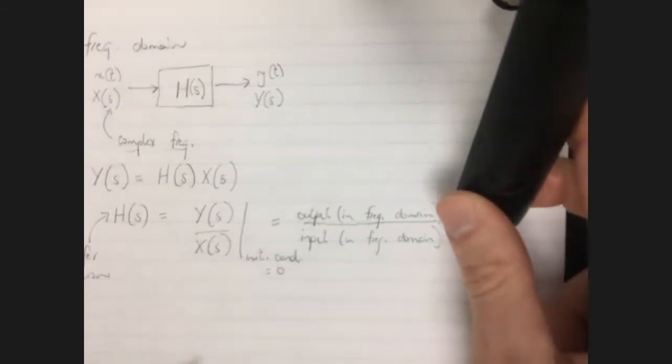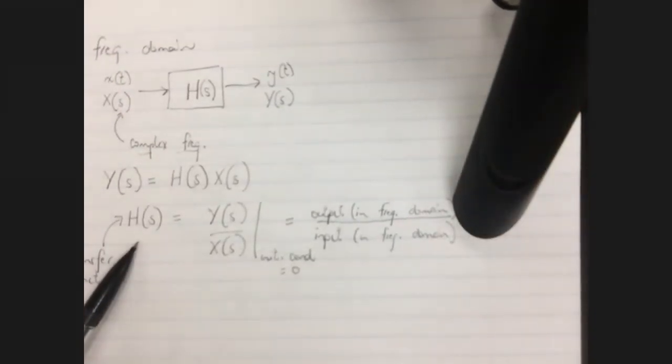So it's this very intuitive output over input way of representing a system. And by analyzing this H of s, we're going to be able to figure out things like, again, interconnecting a bunch of different systems. We're going to be able to figure out things like stability, performance of our system. So all these different things based off of this description.